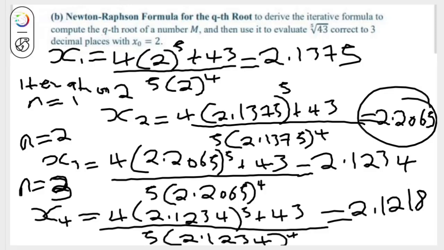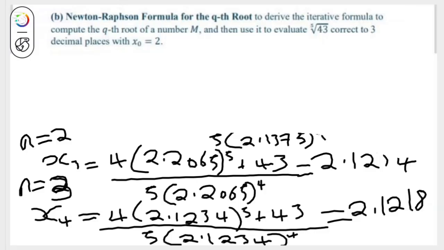So now we are going to perform the fifth iteration, iteration 5. In iteration 5, n is equal to 4.